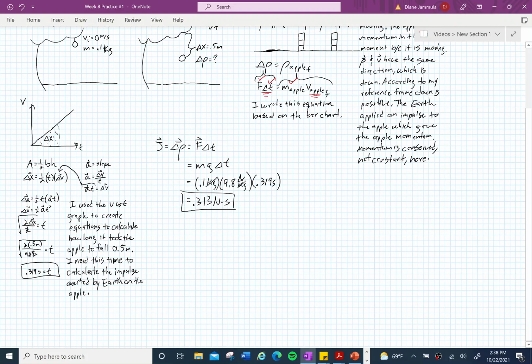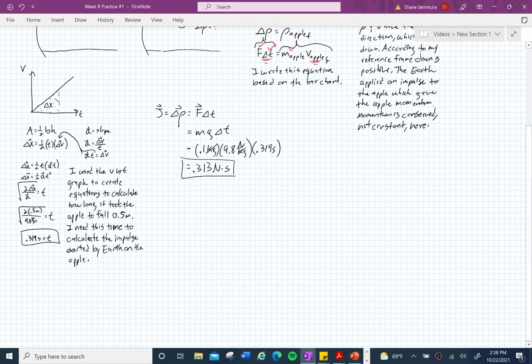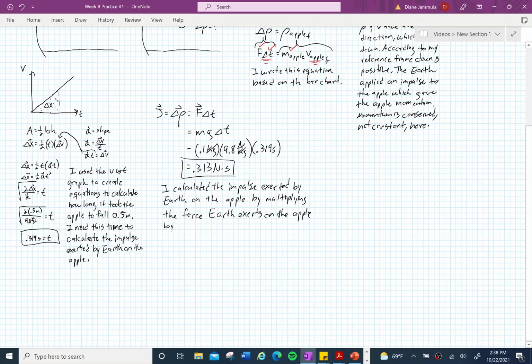Okay, and let me explain a bit and evaluate this answer here. I calculated the impulse exerted by Earth on the apple by multiplying the force Earth exerts on the apple by the amount of time the force is exerted.